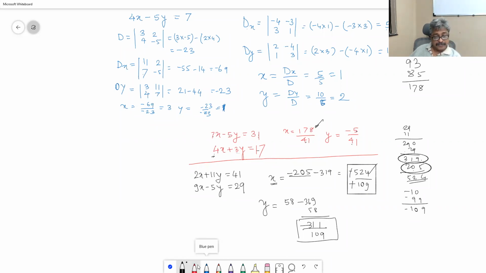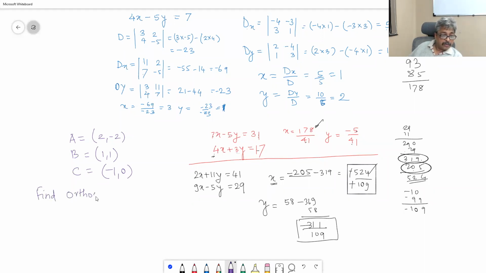A is (2, -2), B is (1, 1), and C is (-1, 0). Find the orthocenter of triangle ABC.